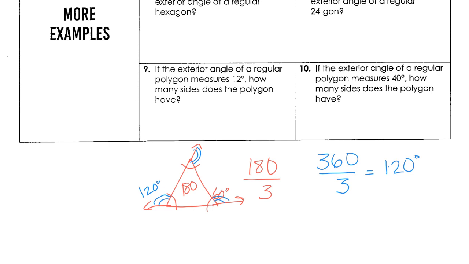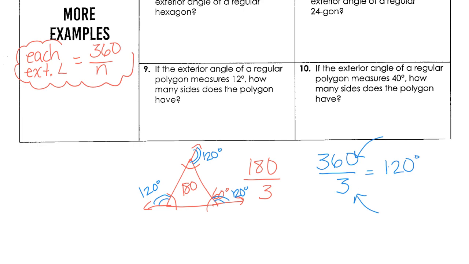So each of those angles is 120 degrees. Or you could have looked at the 60, right? But what I'm trying to get you to understand is that you're just going to take the 360, because that's the sum of exterior angles, and you divide it by how many there are. So let's write down a formula. So we can say to find each exterior angle, you take 360 divided by n.